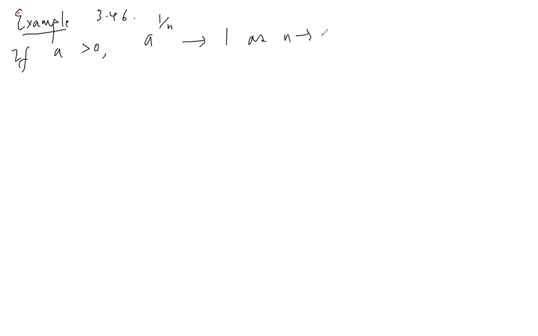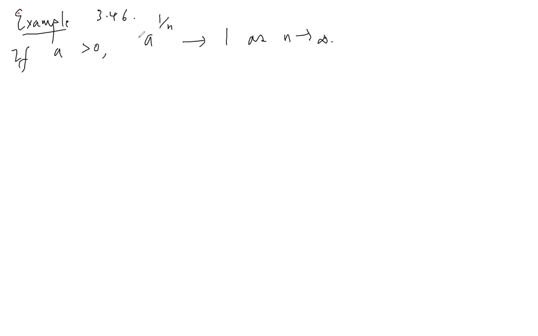Okay, so then there's an example there, 3.4.6. If your a is larger than 0, for some positive number, right? a to the power of 1 over n converges to 1 as n tends to infinity.